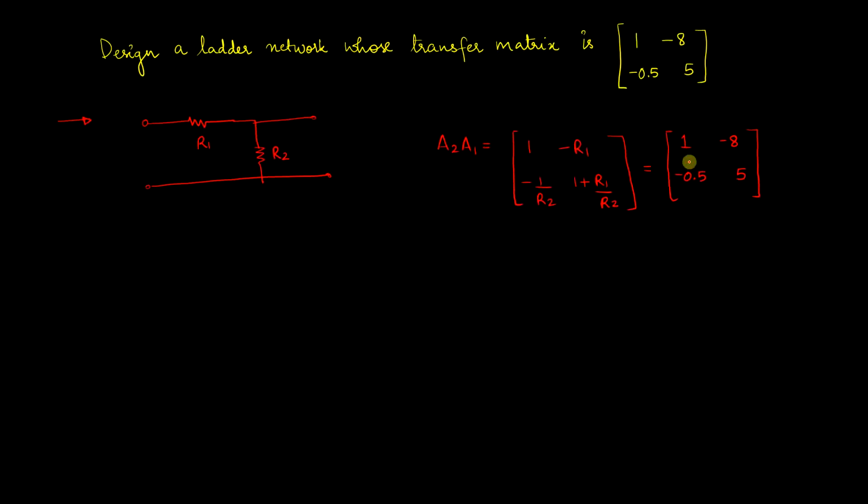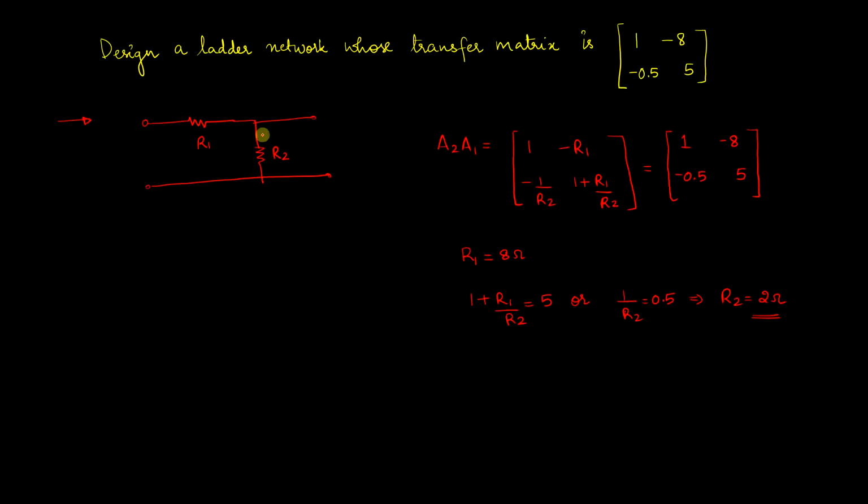So comparing these two matrices, we have R1 equal to 8 ohms, and 1 plus R1 by R2 equal to 5, or we can also consider 1 by R2 to be equal to 0.5, which implies R2 is equal to 2 ohms.